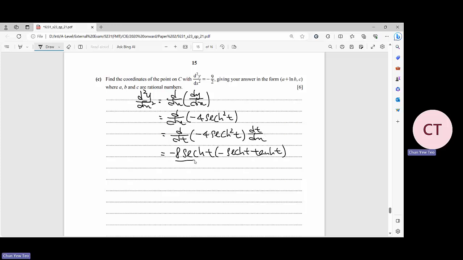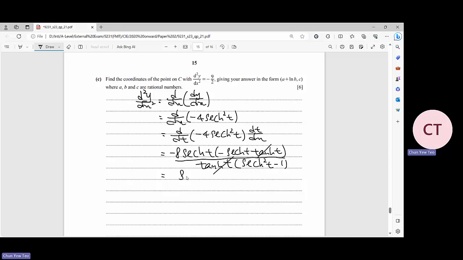dt/dx is actually the reciprocal of dx/dt. Just now your dx/dt was tanh t times (sech squared t minus 1). Simplify them as usual. We can see that this one can be cancelled.